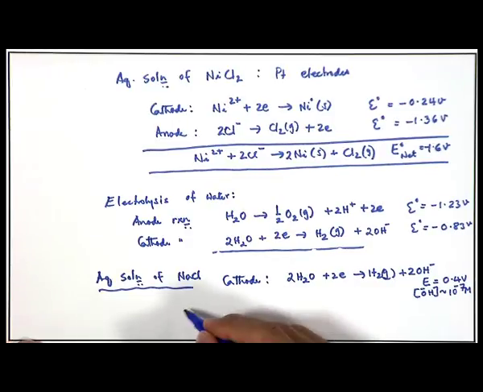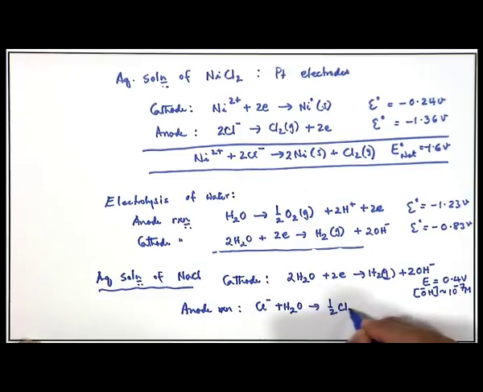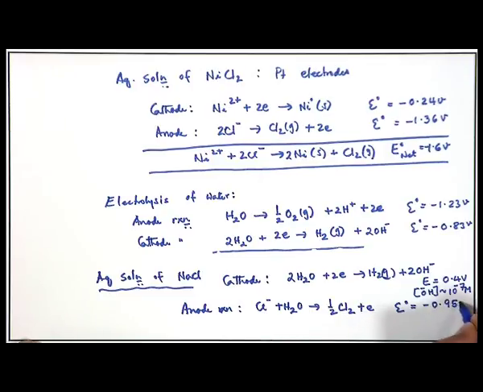And anode reaction will be chloride minus plus water, that gets you half Cl2 plus electron. In this case, your E naught is minus 0.95 volt.